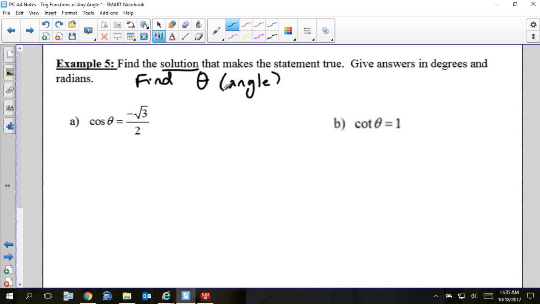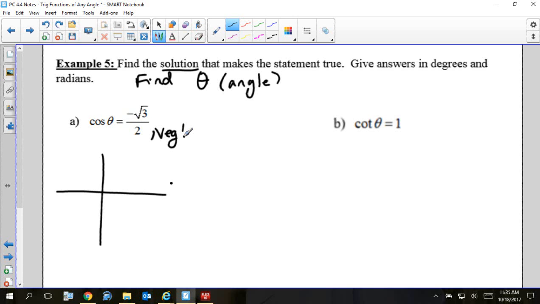This is how I would approach it. I would first draw a picture. I would next look at negative or positive. This is saying the cosine is negative. So with all students take calculus, where is cosine positive?